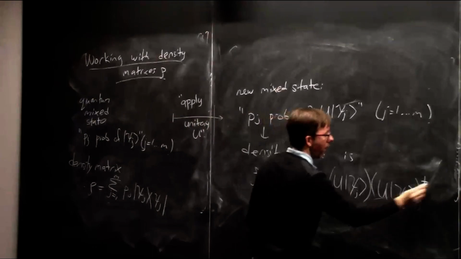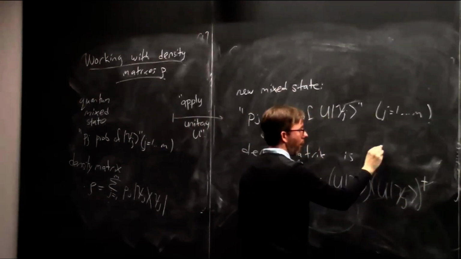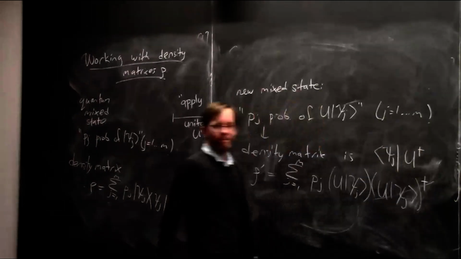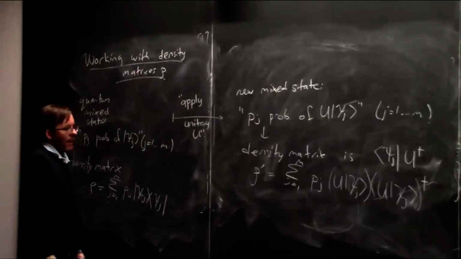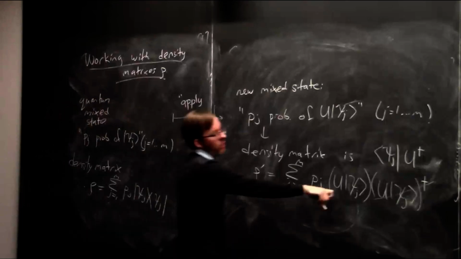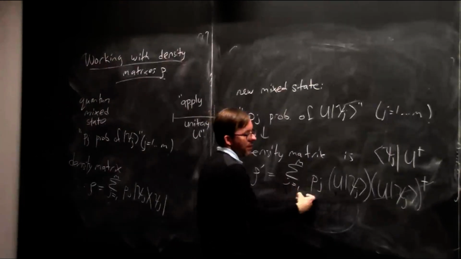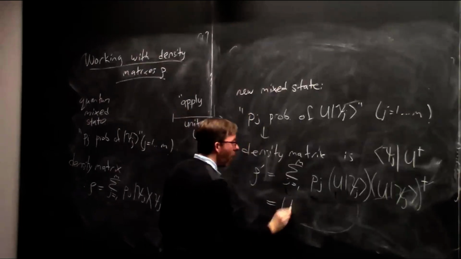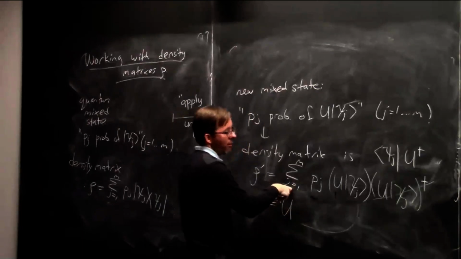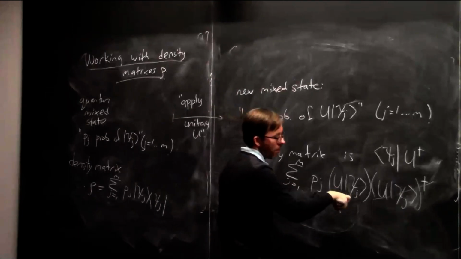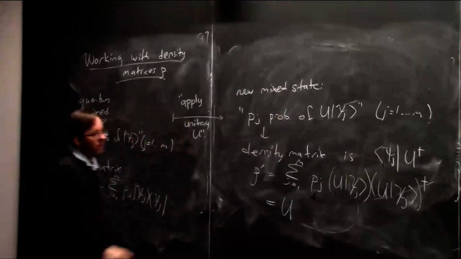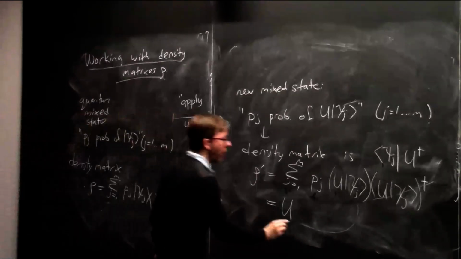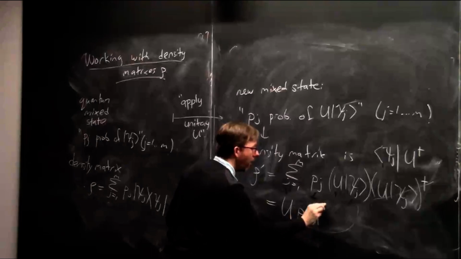You'll get psi_j bra times U dagger, right? And then I'm going to do this trick again. U does not depend on j, so I'll push this sum and this p_j to the inside. And what I'll get is U, and then on the inside I'll get the sum over j of p_j psi_j ket-bra, and that'll be rho. So I'll actually get U rho U dagger.